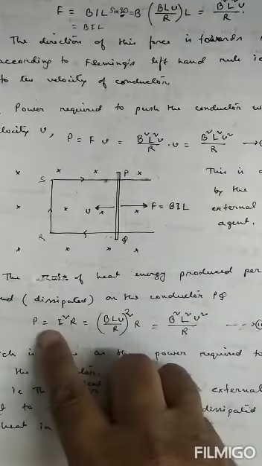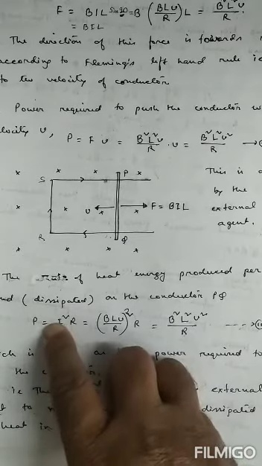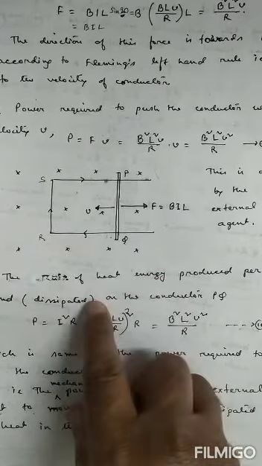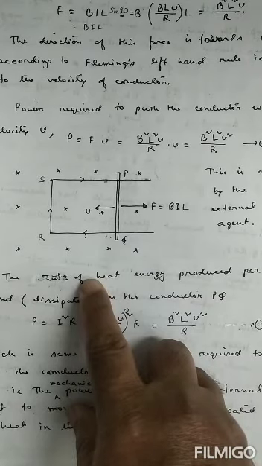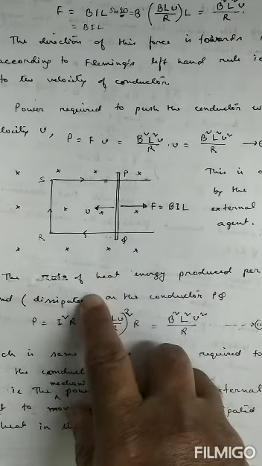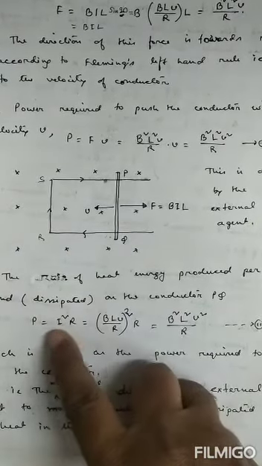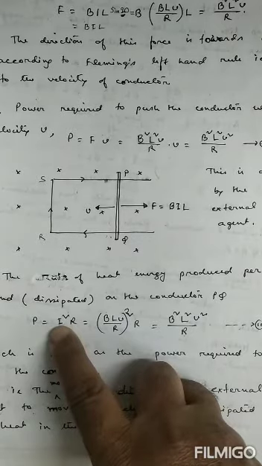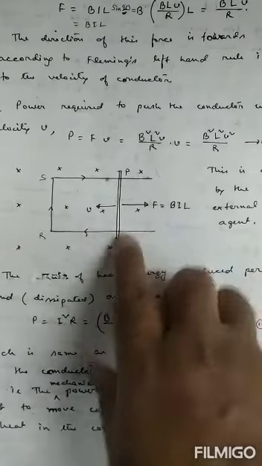So what is the power of heat loss, or the rate at which heat is produced in the conductor? The rate of heat energy produced in the conductor due to the induced current is equal to I square R. I is the magnitude of the induced current and R is the resistance of this conductor.